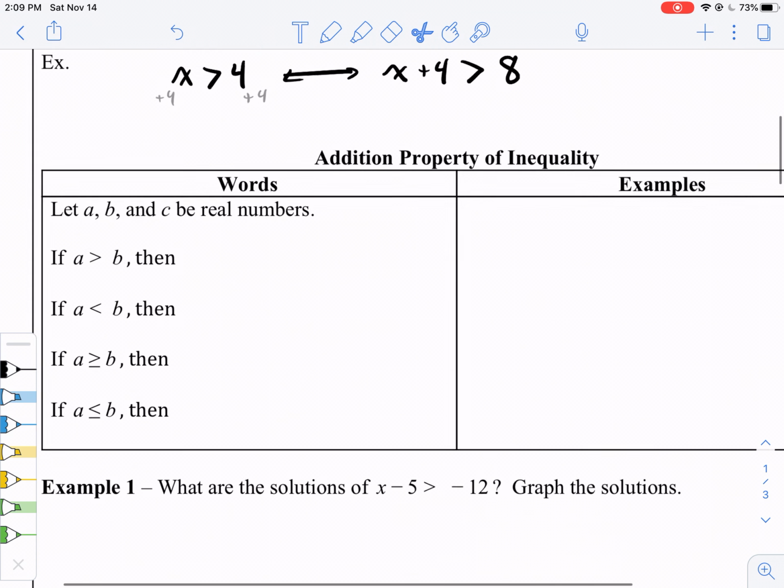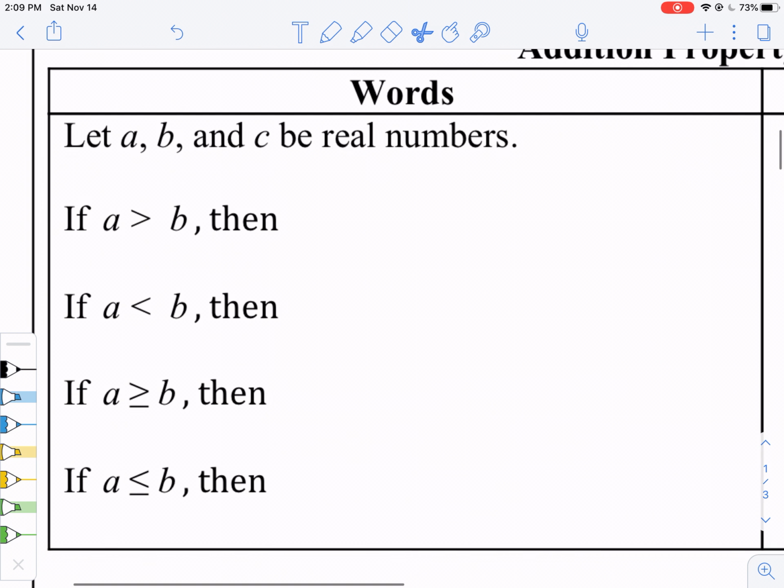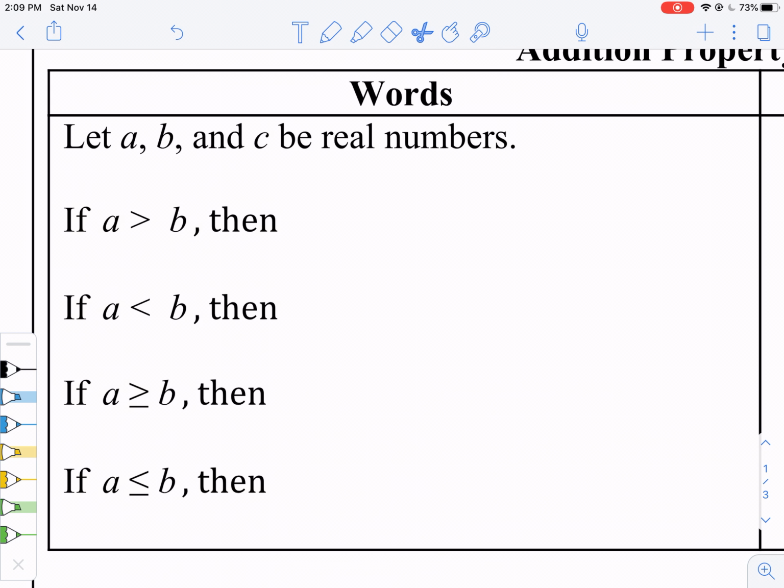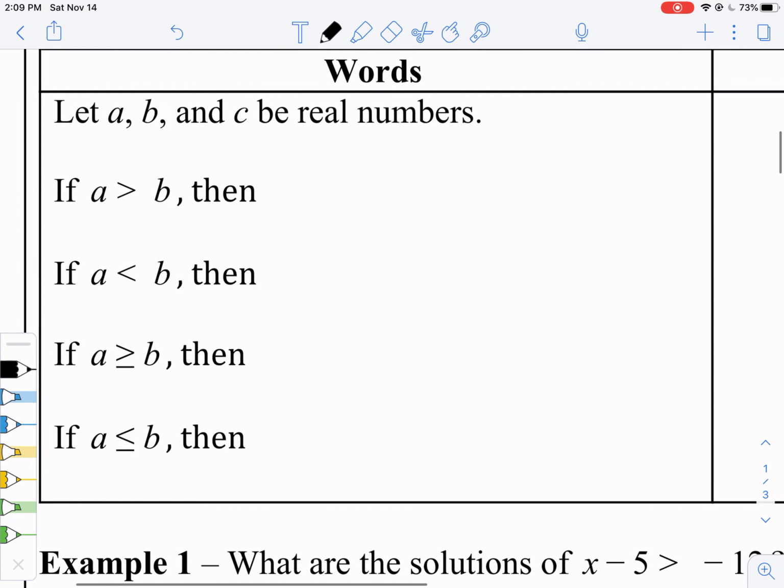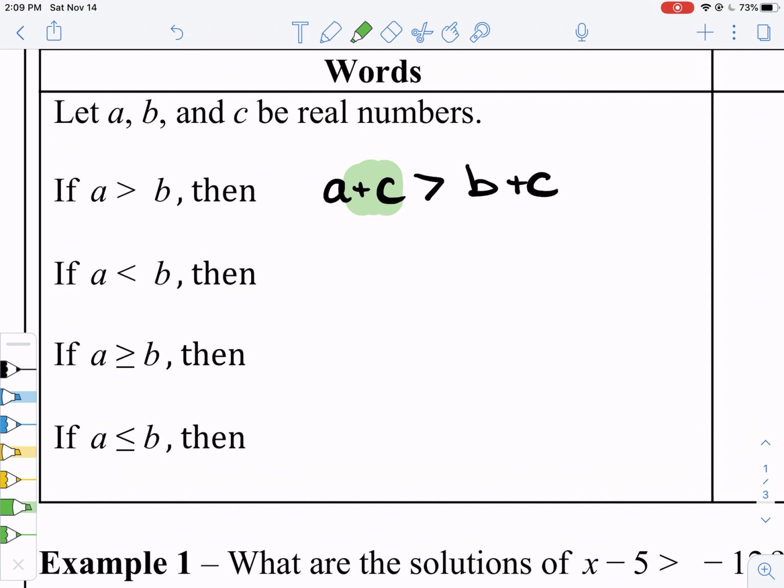So let's talk about some properties. The addition property of inequality says that if you have A is greater than B, then A plus C is greater than B plus C. So you still have your A and your B, but you just add C to both sides, it's still greater than.